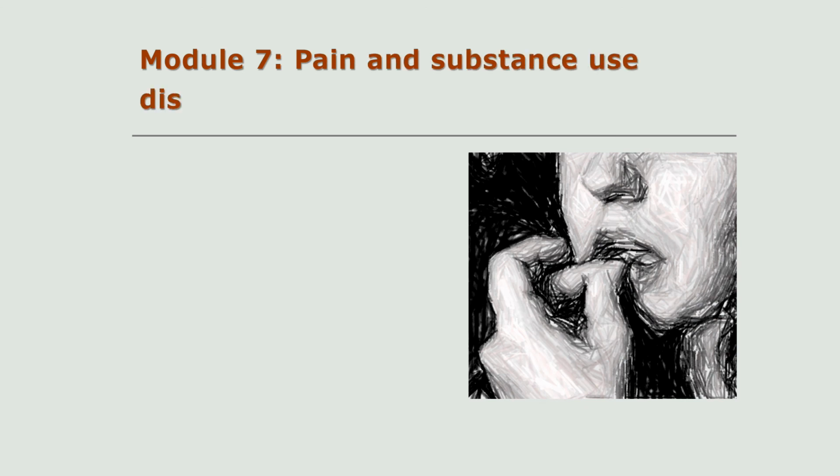Pain is probably the most common symptom that causes people to seek medical treatment. In pain management, a comparatively small number of drugs apart from opiates are used for treating chronic pain, and particularly neuropathic pain conditions.